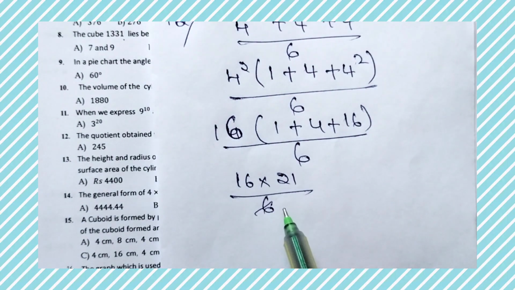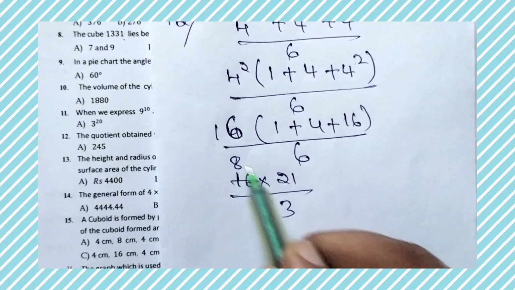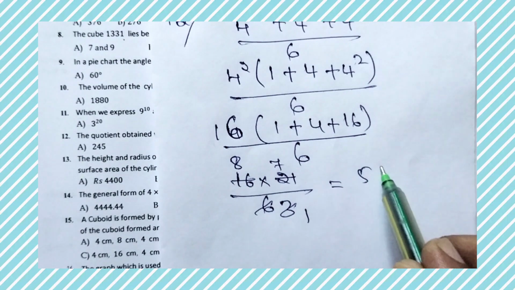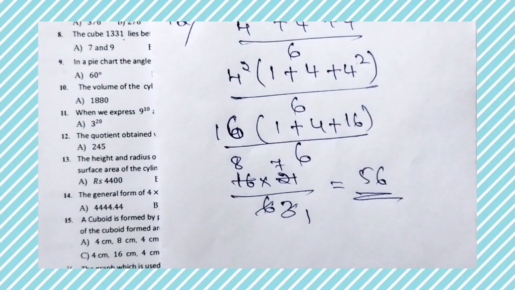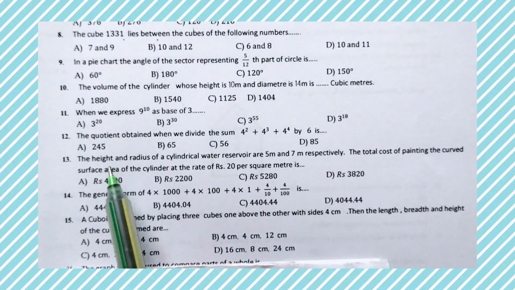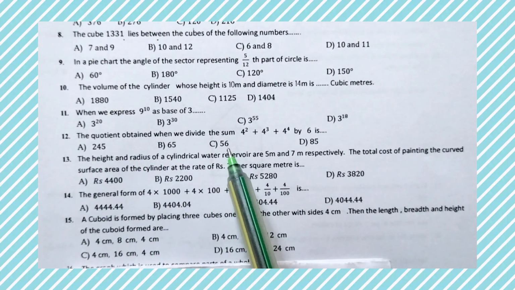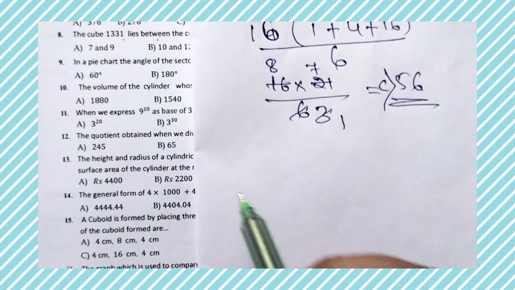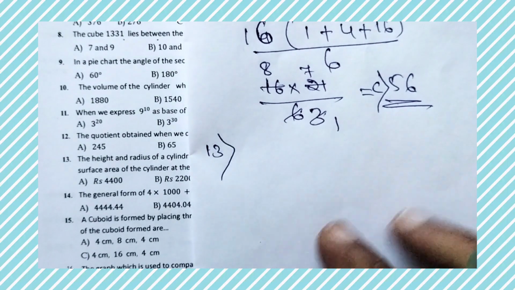Now if you divide it, 2 3s are 6, 2 8s are 16, 3 1s are 3, 7s. That is 8 into 7, which is equal to 56. So for the 12th question, the right answer is option C, 56. Next, let us move to the 13th question.